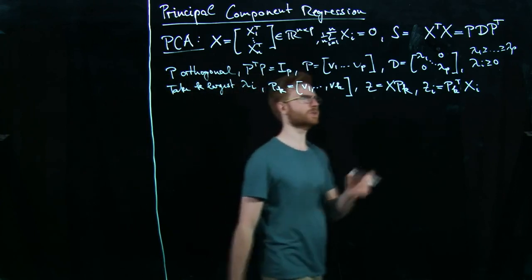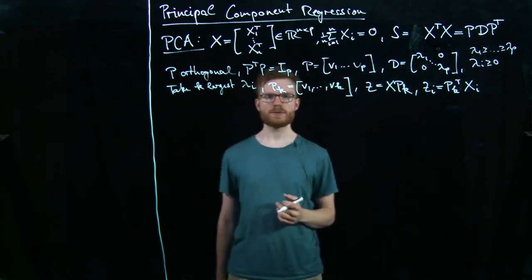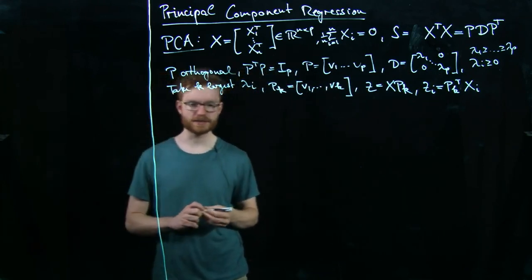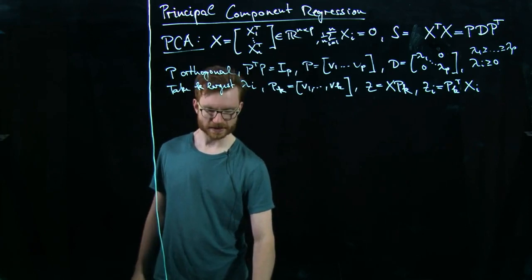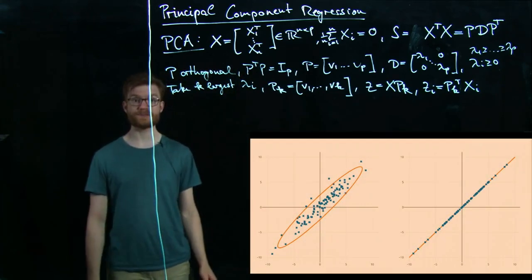So what this eigenvalue decomposition does is it picks the directions with the biggest variance. What does that mean? Let me explain it by a picture. So your data might look something like this, like a plot on the left.